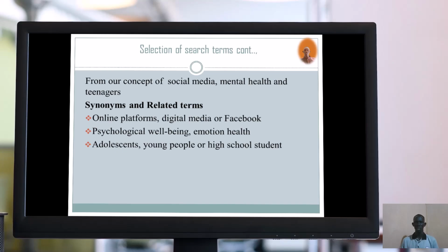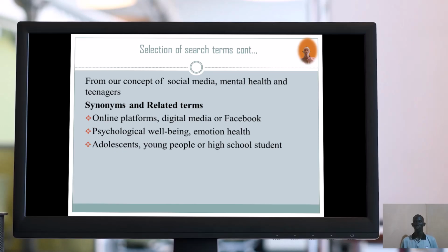For example, different authors may be talking of online platforms. Another one may be using digital media. Another may be using Facebook. So authors may use different related terms, and for you to search effectively, you need to select the synonyms or related words that you want to use.